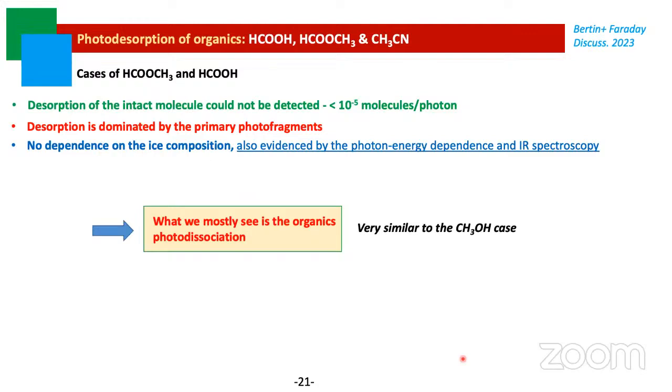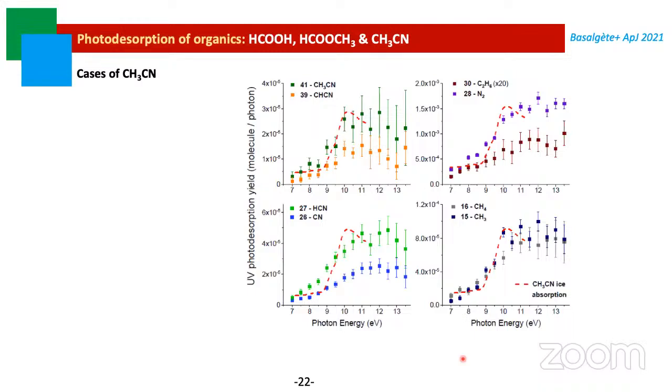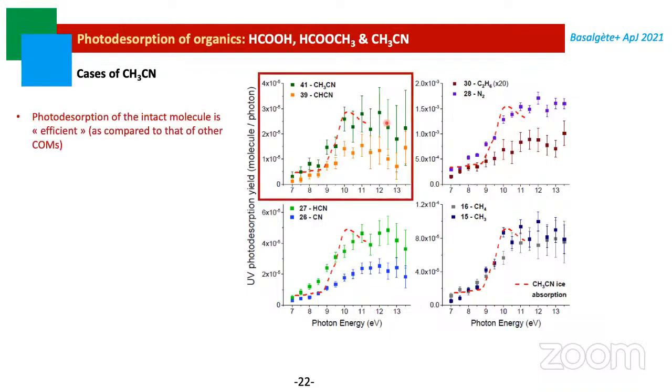Well, is it always true? Of course not. In the case of CH3CN, things are different. CH3CN is also dissociating. We also see fragments, but we also detect very well the desorption of the intact molecules. And this is very different.